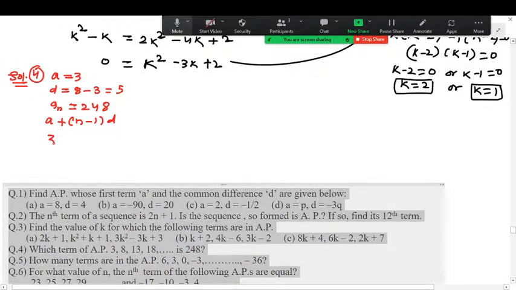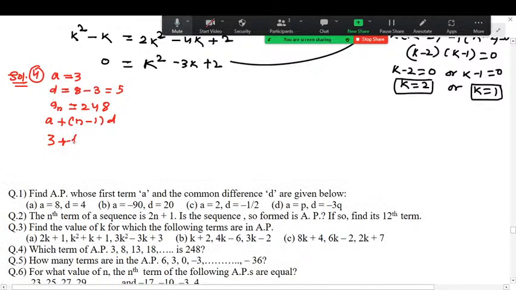I have to put a being 3 plus n minus 1. I'm not given n, I actually want the value of n, but d is known to me, that is 5, and I'm given a_n. The value of a_n is known to me, that is 248. I will substitute 248 here. Now what I can do is subtract this 3 and I will get 245.